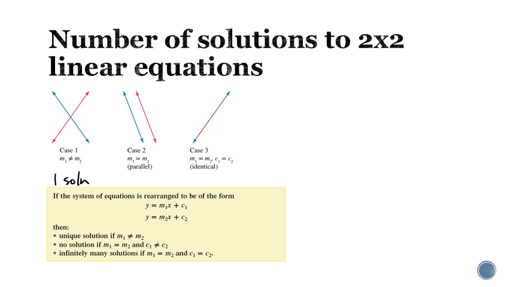Sorry. Parallel means no solutions. And then the last case, you have infinite solutions. So what you then need to do is just rearrange the equation and check these things.